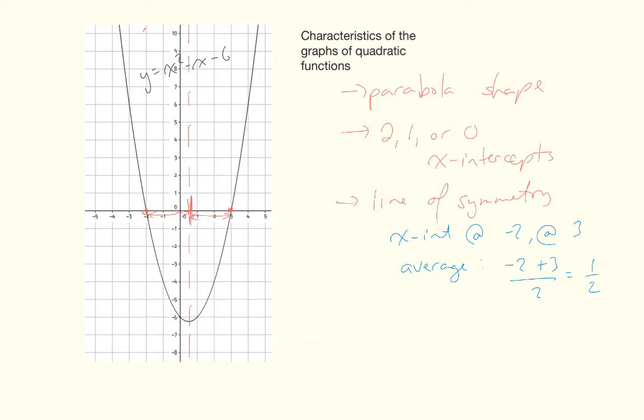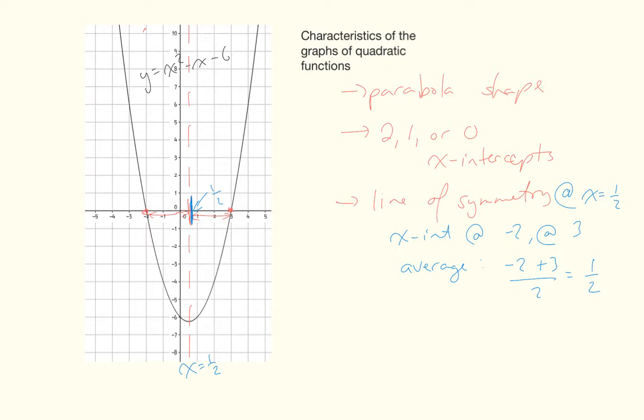So I know that this line is going through 1/2, and since it's a vertical line, I know that the equation of my axis of symmetry is x equals 1/2, right? Remember, vertical lines just have that special equation, x equals whatever number it goes through. So line of symmetry at x equals 1/2 in this case.